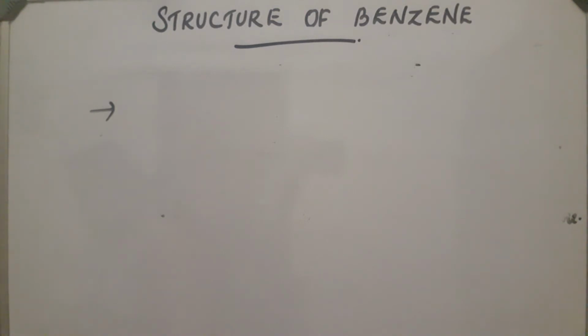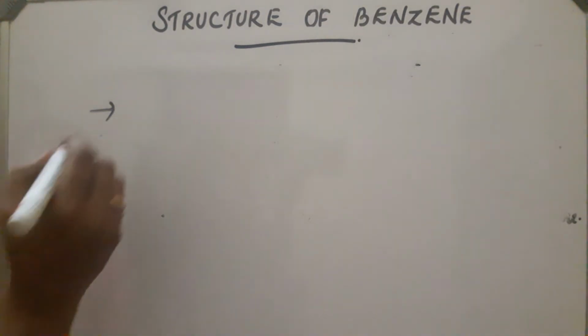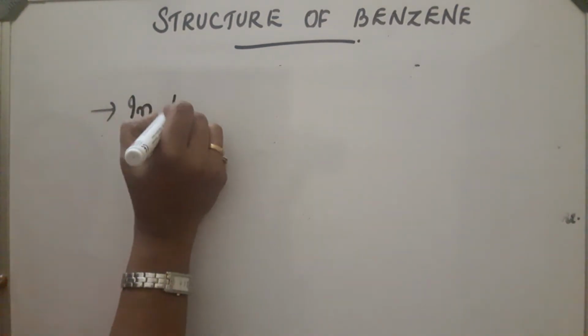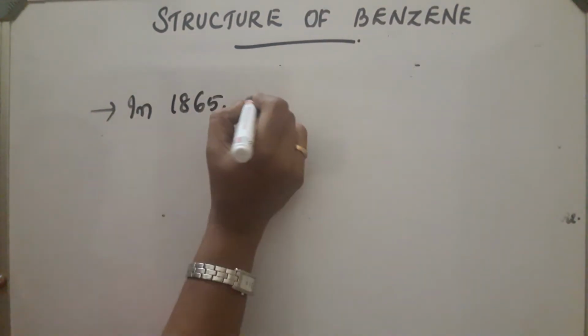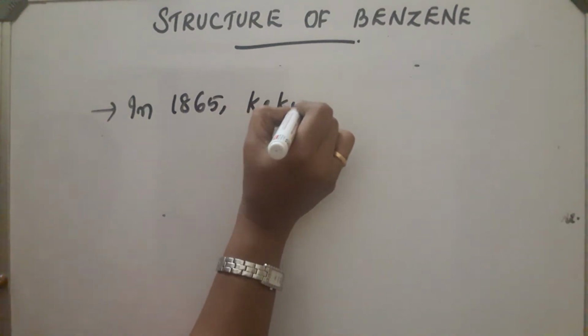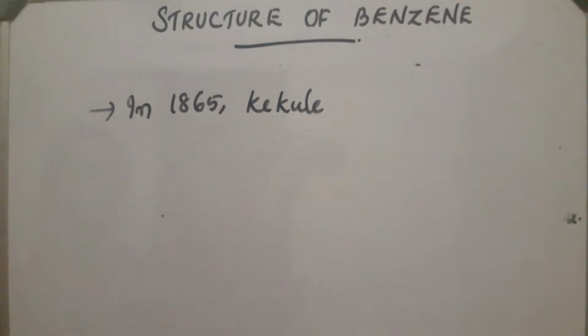Now, from this, a scientist named Kekule in 1865 suggested a structure for benzene.